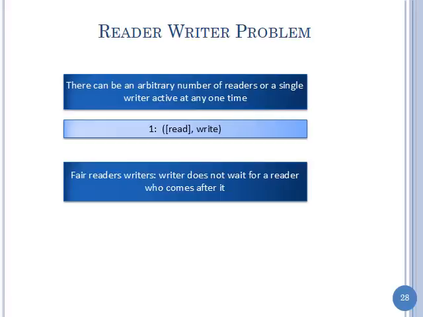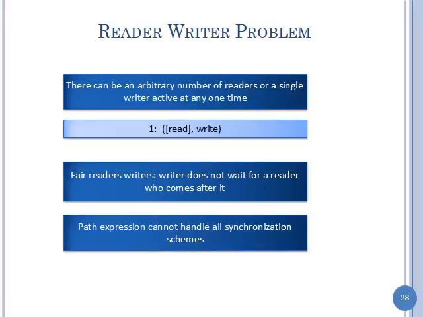Now, there's also a fair readers-writers problem, where the readers should not starve out a writer. If there's a reader and a writer queued and the reader is right now inside, the reader can always go in without the writer ever getting it. How would you do that using path expressions? Well, you can't.